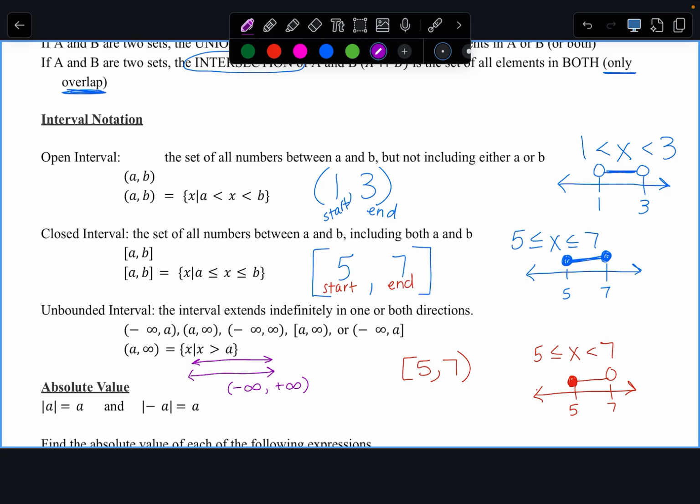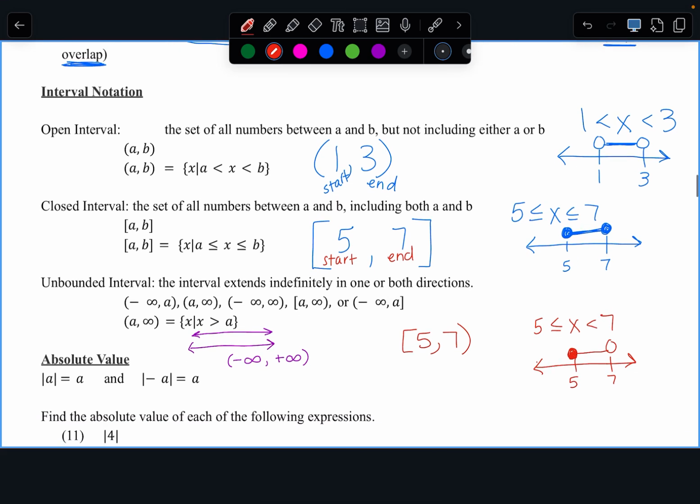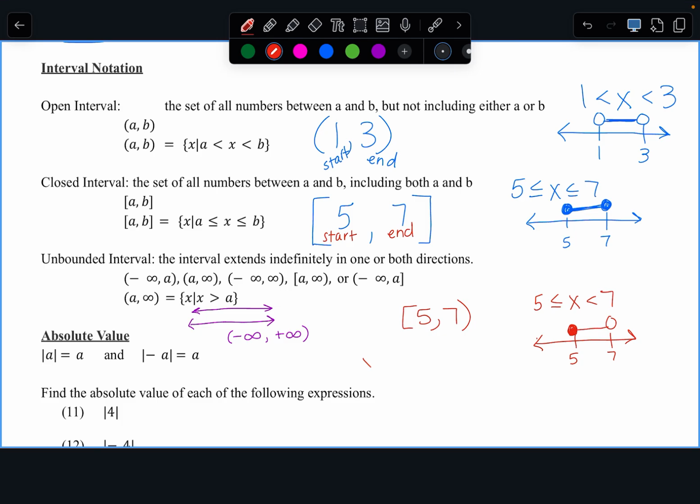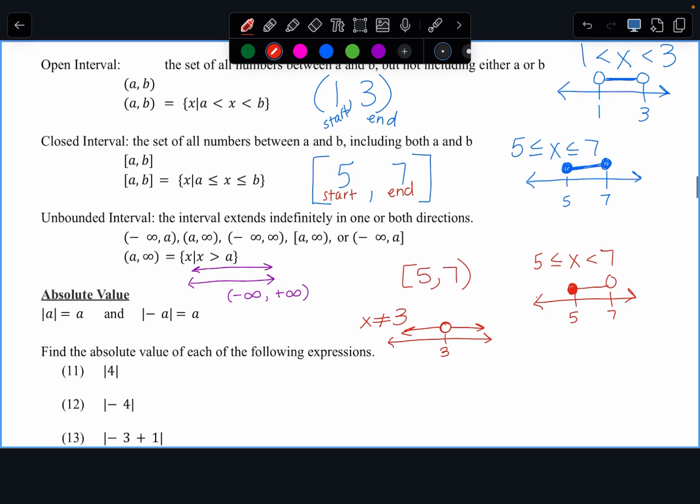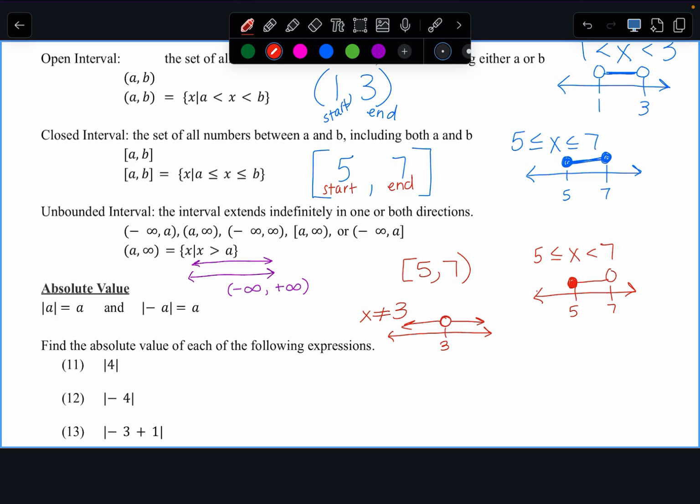Now, let's say there's a gap. Tell me a number to exclude because we don't like it. 3. Sure. If x cannot equal 3, that means at 3, there's a hole, but it's everything except 3. This means it starts from left to right. It starts at negative infinity, keeps chugging along.